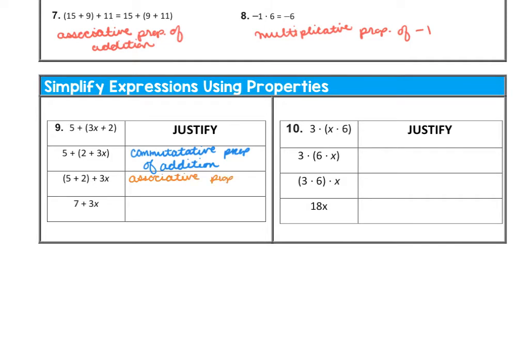And because the operation happening here is addition, that's why we say it's the associative property of addition. And then for us to get from line 3 to line 4, all we did was combine our like terms or add or simplify. So for our last step, we can say combine like terms.